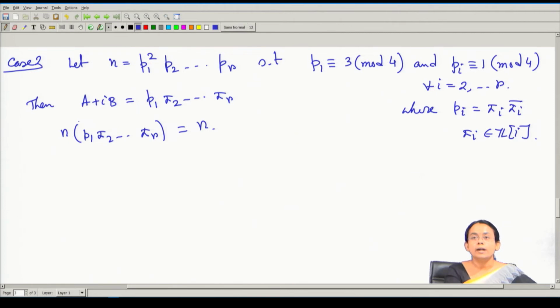So, in this case what do I have to choose as my a + ib? I have to choose the irreducible factors of those pi's which are congruent to 1 mod 4, and this p1. So, that means I need to have this p1 present in even power, because if it is not present in even power, I cannot take that p1 as a factor of a + ib because its norm will always be p1 square.